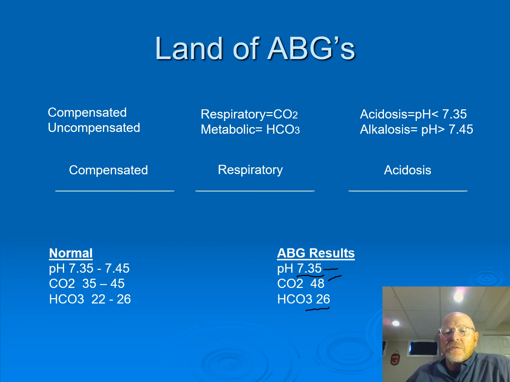So our last name is acidosis, and we're going to have a compensated acidosis. And again, what's jacked up here? Which of these two are outside the normal range? We can see that the CO2 is outside the normal range, so it is a middle name of respiratory. So compensated respiratory acidosis. And that's why I just think that the land of ABGs is so wonderful.